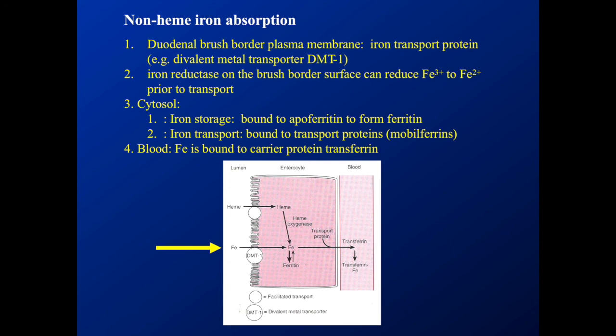And there's also a reductase on the brush border surface that can reduce iron 3+ to iron 2+. And this aids with vitamin C in making sure you get enough iron into your body. And then once iron is transported into the enterocyte, it is transported into the blood, where it can be transported via binding to transferrin.